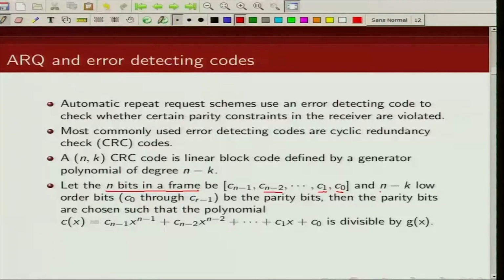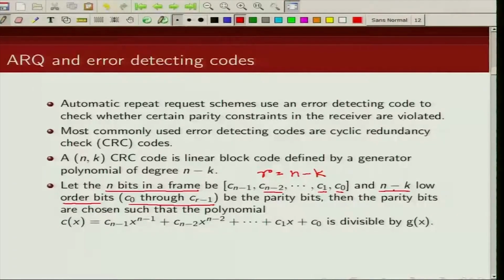And let the n minus k low order bits, from C_0 to C_{r-1}, where r is essentially n minus k, be my parity bits.